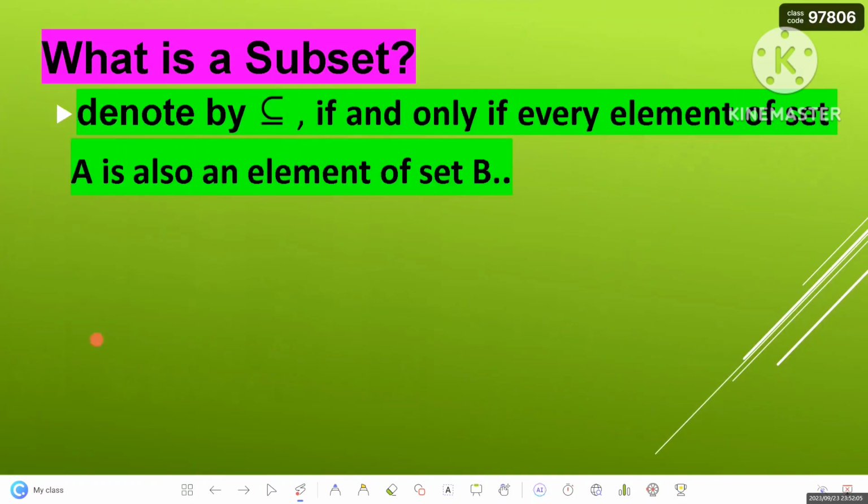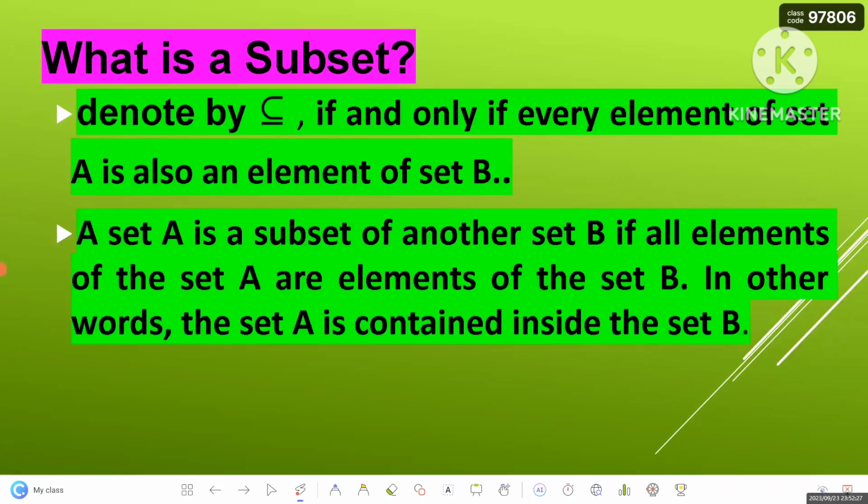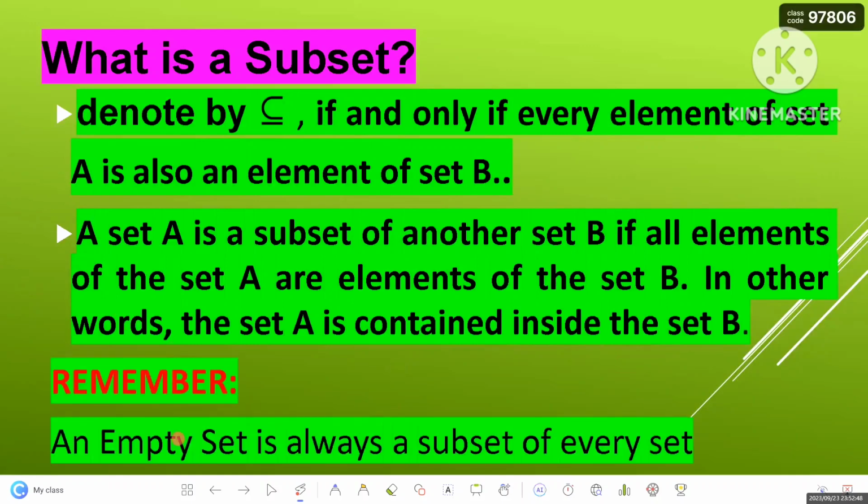It is denoted by the subset symbol, if and only if every element of set A is also an element of set B. Meaning, whatever element you see in A, you will also see in set B. A set A is a subset of another set B if all elements of the set A are elements of the set B. In other words, the set A is contained inside the set B. How do we know this? Remember, an empty set is always a subset of every set. This is what we should always remember. When you see an empty set, it is always a subset of every set. How is that so?